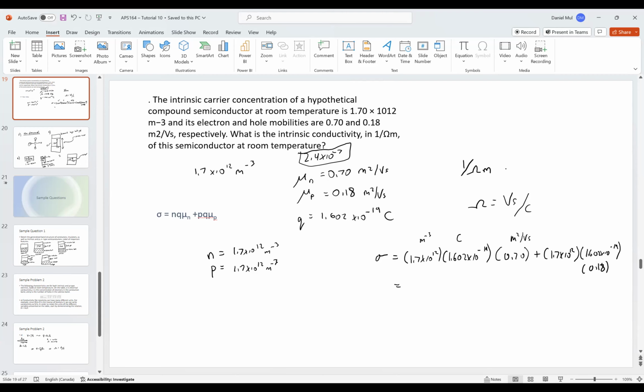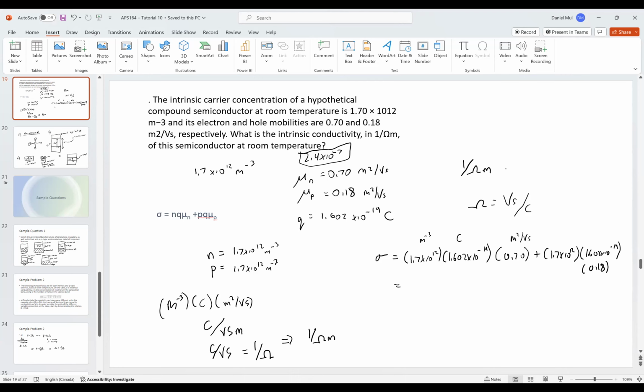So then from these units we get coulombs per Vs meter, and then coulombs per Vs is just 1 over ohm. So we would get 1 over ohm meter.